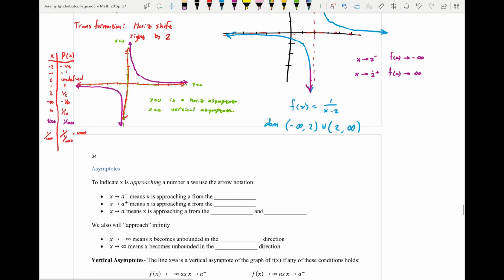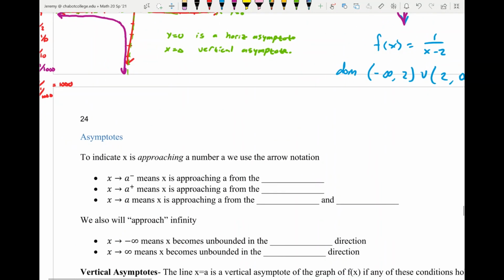So as x approaches a from the left, the minus sign means we're approaching from the left. And this is x approaches a from the right. And if we just have x approaching a with no plus or minus sign, that means from both sides, from the left and the right.